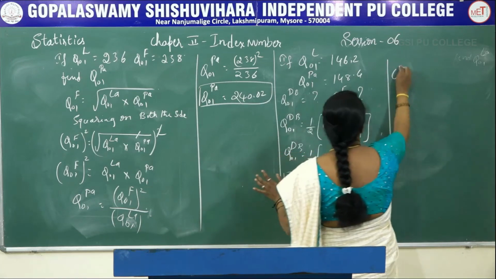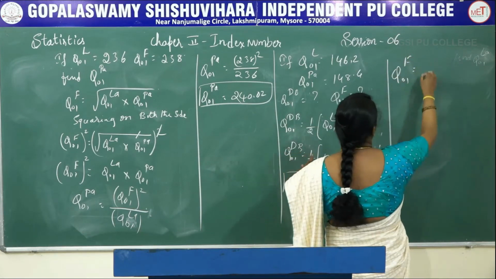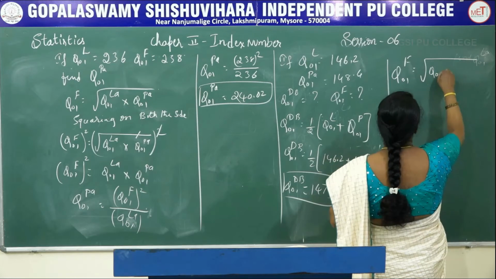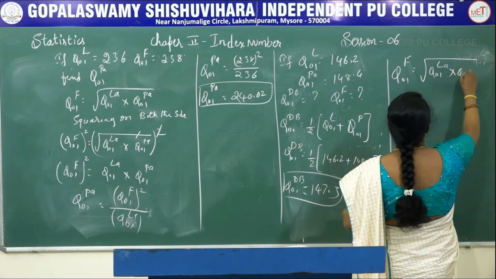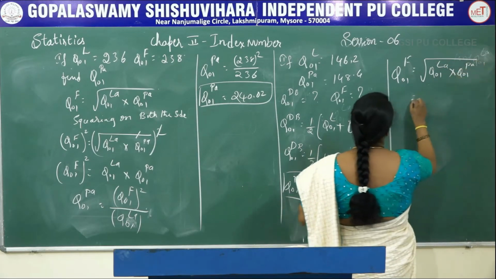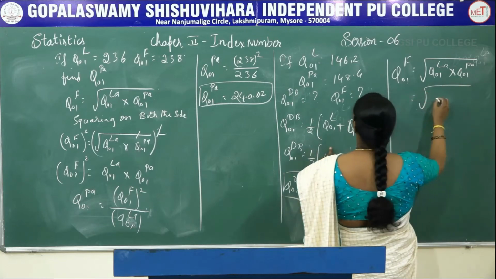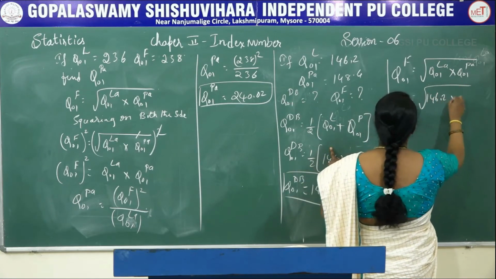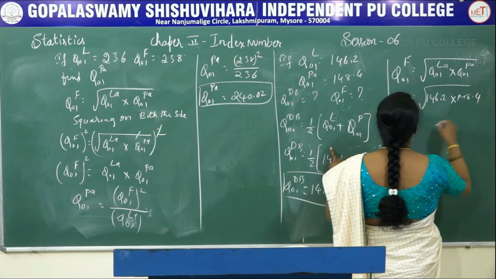Similarly for Fisher's, Q01 of Fisher's is equal to square root of Q01 of La into Q01 of Pa. Again substitute the values, 146.2 into 148.4.